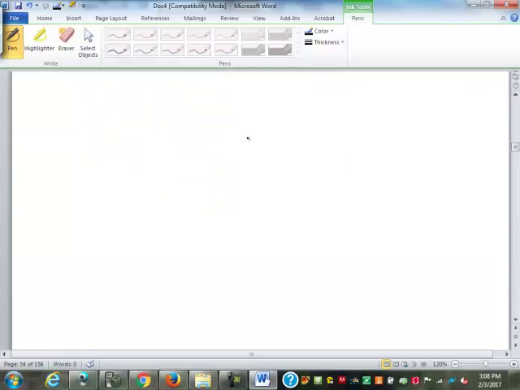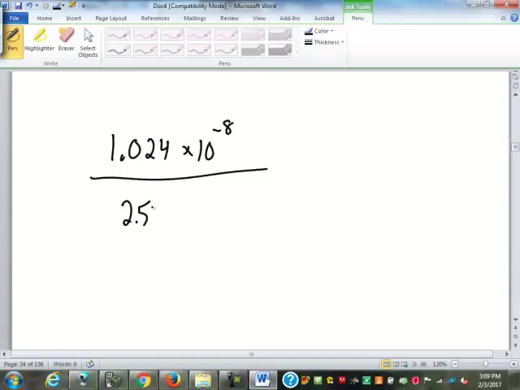We might have, let's see here. 1.024 times 10 to the negative 8th divided by 2.56 times 10 to the 5th.